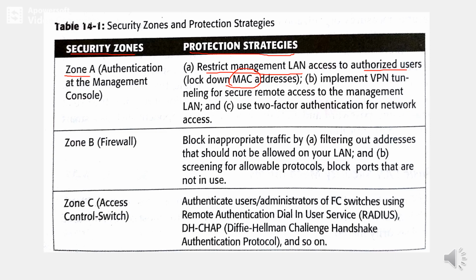The second strategy is to implement VPN tunneling for secure remote access to the management LAN. We can also use two-factor authentication for network access. So these are the three different protection strategies with respect to authentication at the management console.